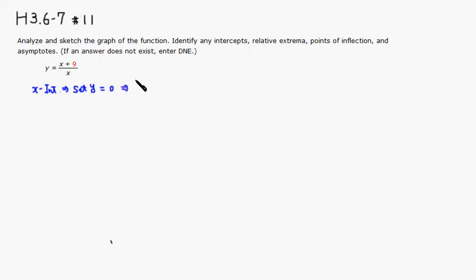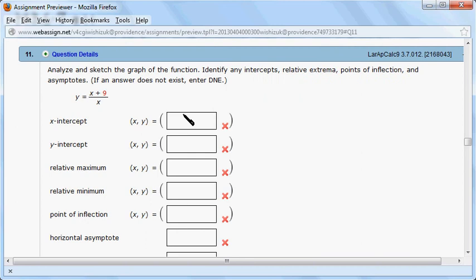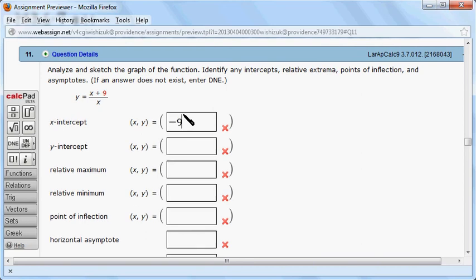You have x plus 9 over x is equal to 0, which means that we want the numerator to be 0. Then you can just subtract 9, so x has to be negative 9. So put that in. That's going to be negative 9.